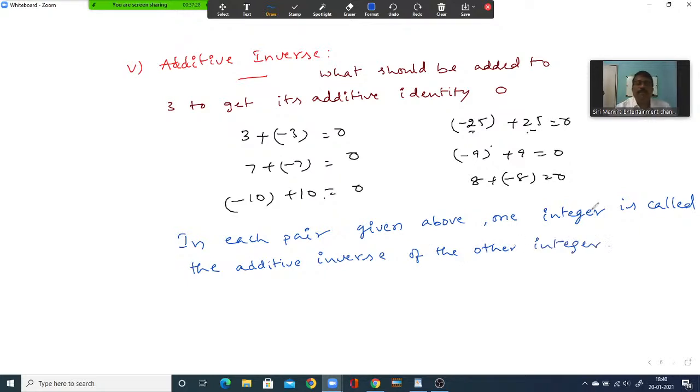That means in the two pairs above, each one is the additive inverse of the second, because when we add those two we get 0. That's it.